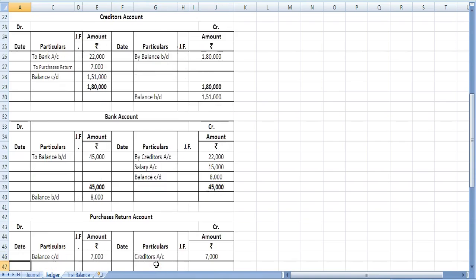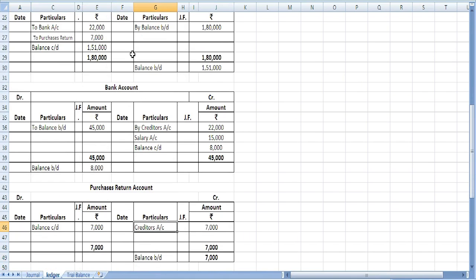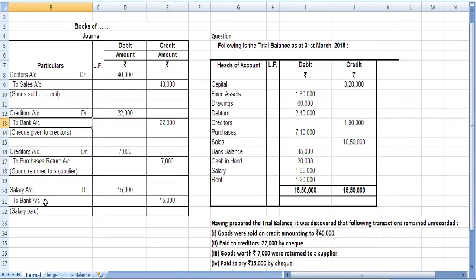We'll go down to the purchase return, and this is becoming 'by creditors,' 7,000 here and 7,000 here. Then we have the last journal, salary to bank.